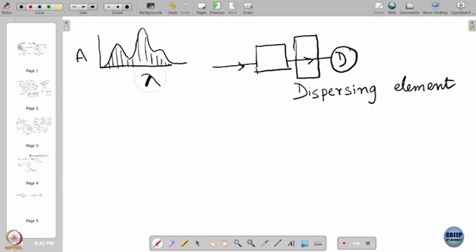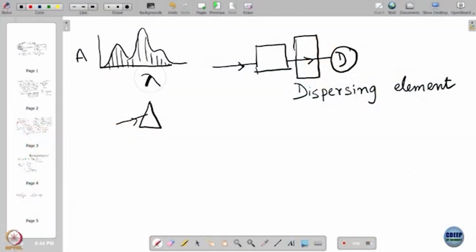Has anybody seen any dispersing element once again outside the lab? Yes. So, everybody has seen a rainbow, and the reason why you see it is that you have these droplets of water in the air which serve as a dispersing element. And I think all of us have read of this famous experiment by Newton, when Newton had collimated sunlight and made it fall on a prism, and the sunlight broke down into components of different colors.